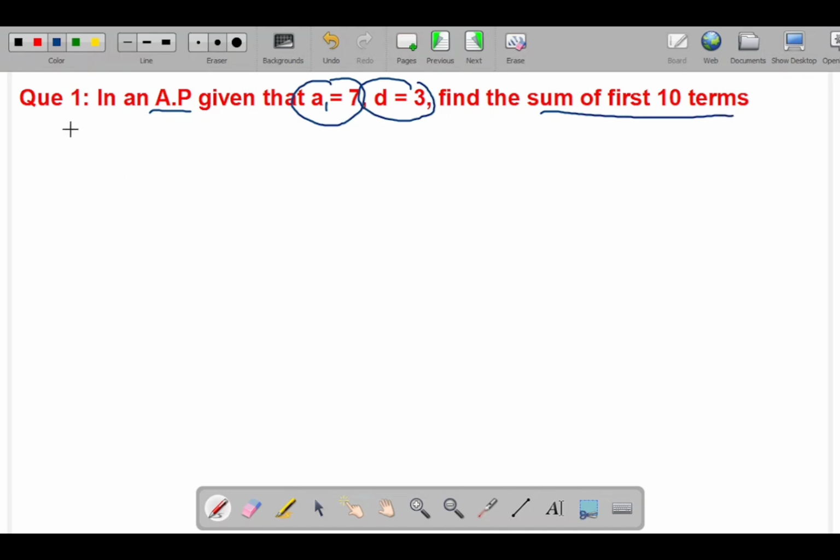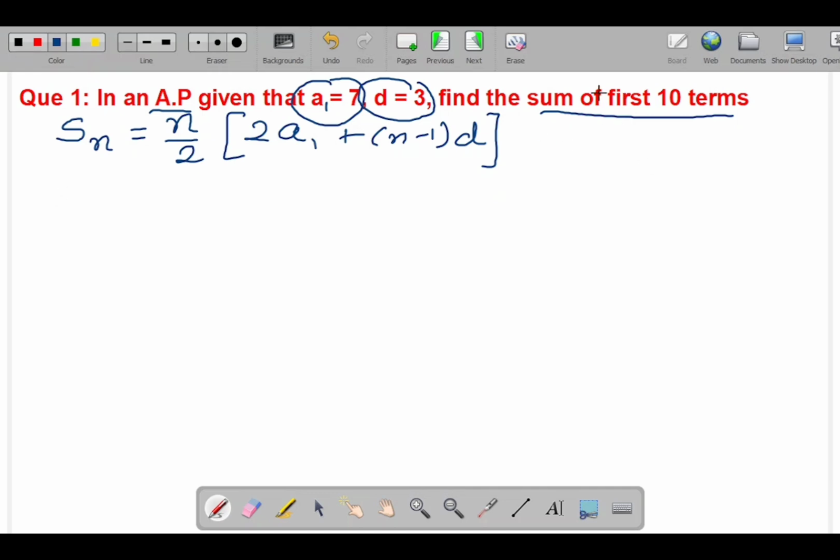So the formula which we are going to use is Sn equals n by 2 times (2a1 plus (n minus 1) into d). This is the formula which we are going to use, and because it is the first sum, almost everything is given.